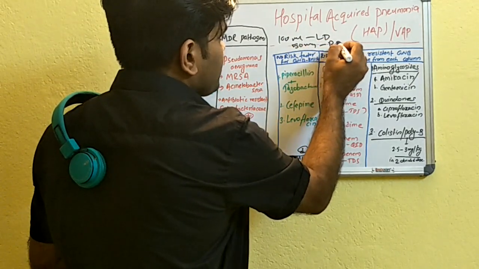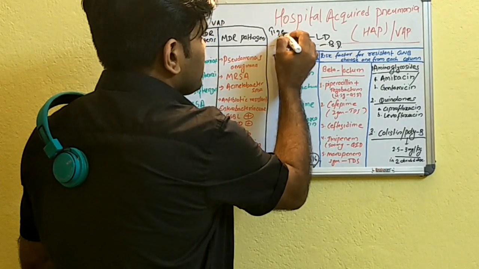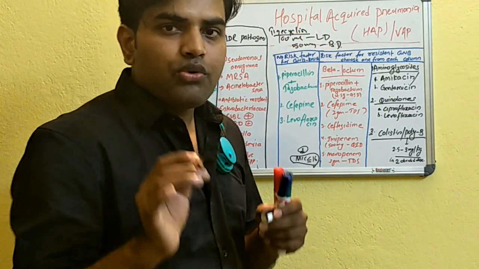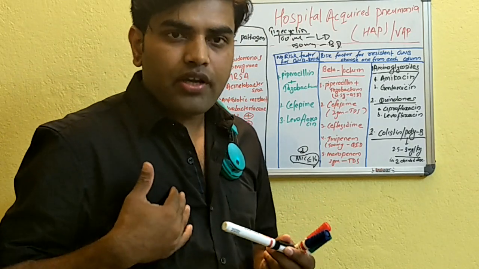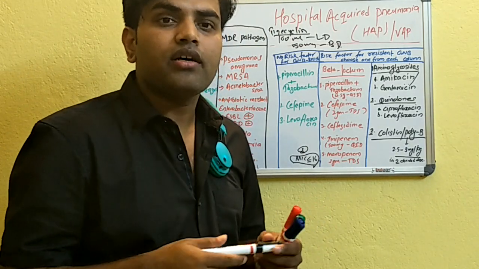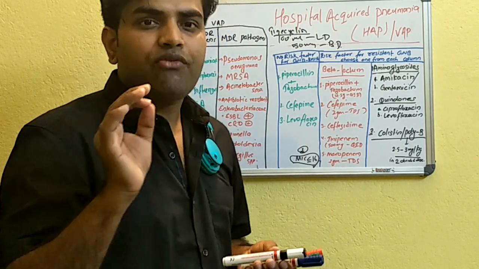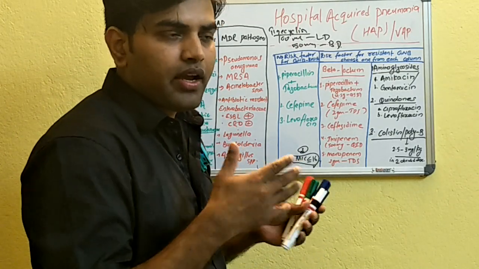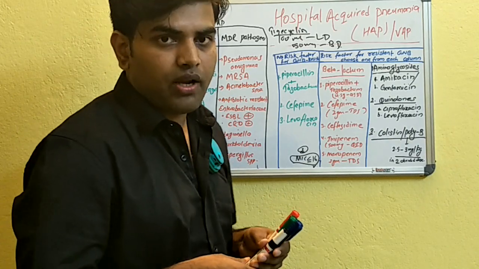But at this concentration, you will achieve only the amount of drug in your respiratory tract that will kill Streptococcus pneumoniae, Haemophilus influenzae and some atypical organisms. Since it is in the doxycycline group, it will cover the atypical ones also.